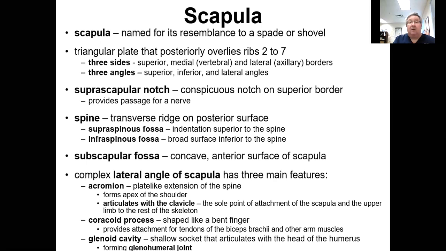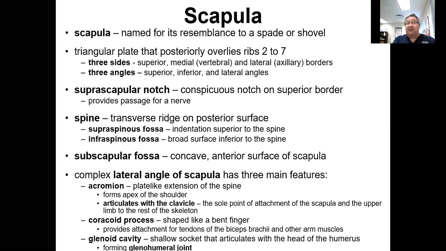On the superior side, there's a suprascapular notch, which is a passageway for the nerve. It's a very small cutout. On the posterior side of the scapula, there is the spine of the scapula.